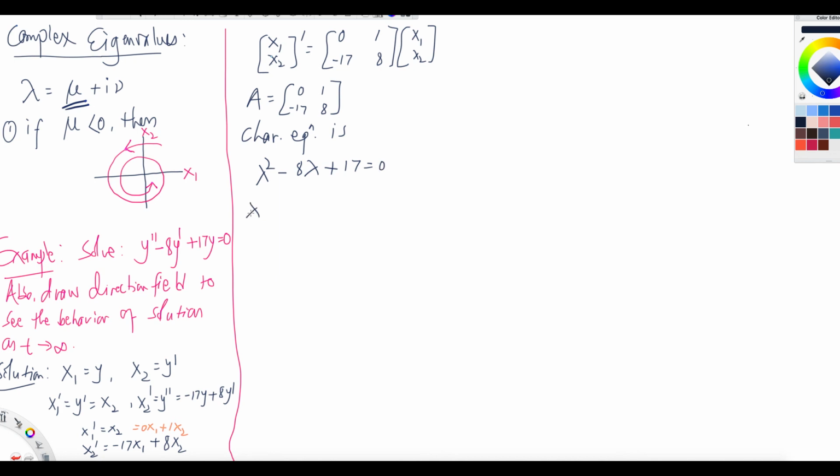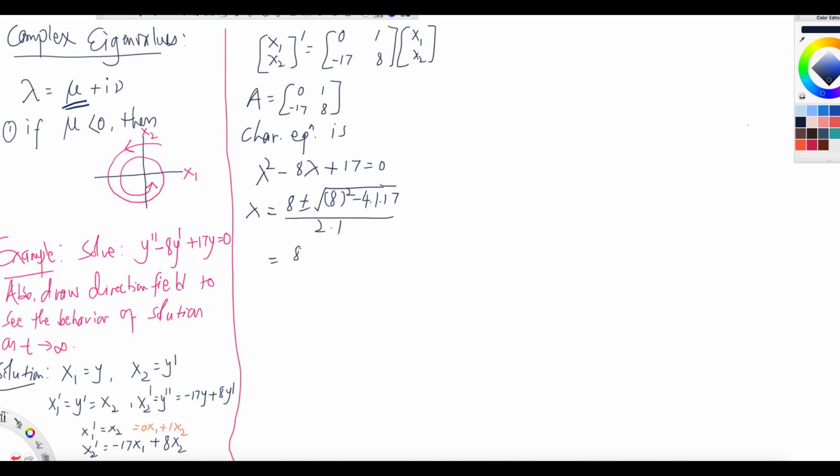Now I need to solve this. Lambda equals negative b, this is a quadratic, so I'm using the quadratic formula, right? So what you get is 8 plus minus the square root of b squared, 8 squared, minus 4ac, divided by 2a.